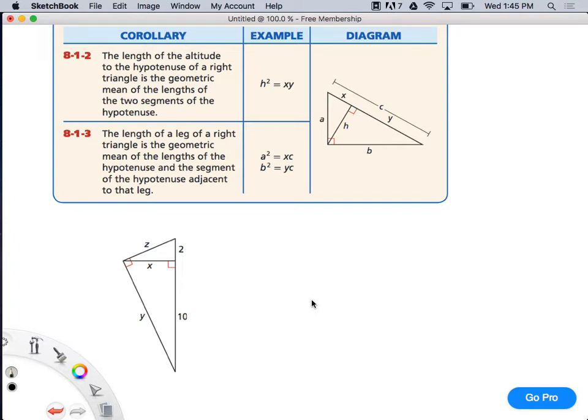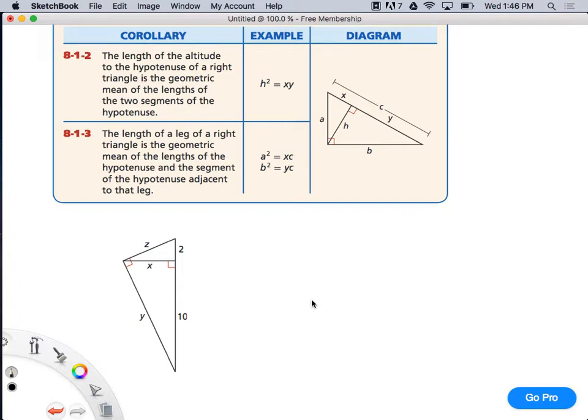The length of the altitude is the geometric mean of those two line segments. Simple as that. You have to be able to understand that concept, remember it, and recognize it visually.